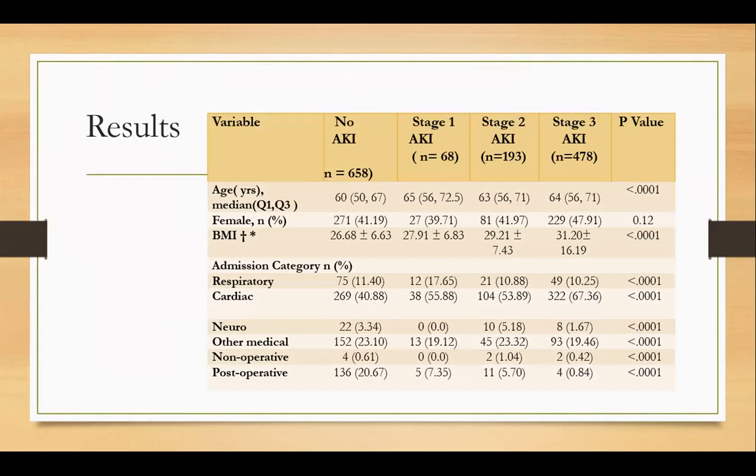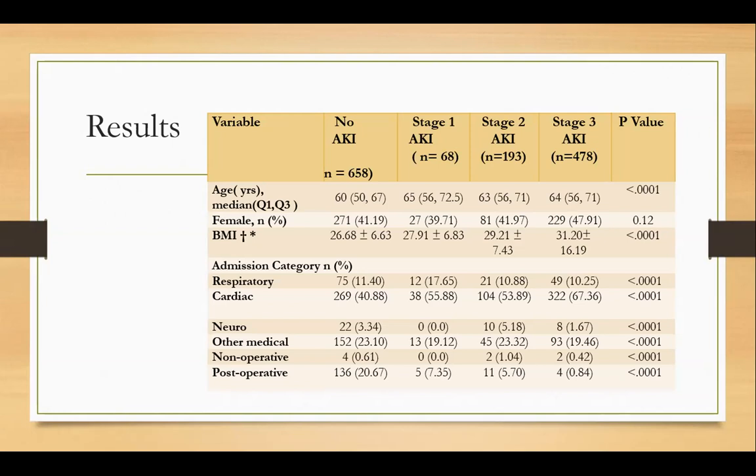So then, the baseline characteristics of those patients. The mean age for the non-AKI group was around 60, while the AKI group differs from stage to stage. Stage 1 was 65 years, and 63 and 64 in stage 2 and stage 3.